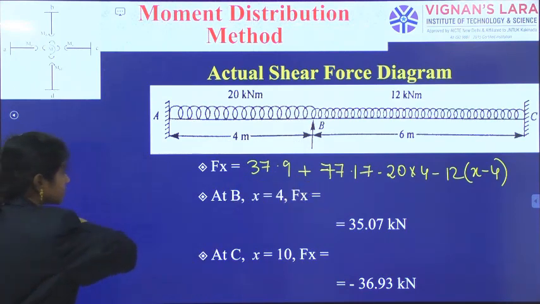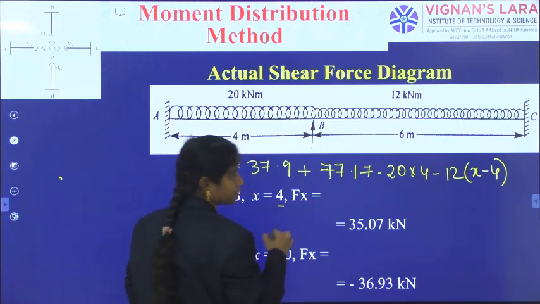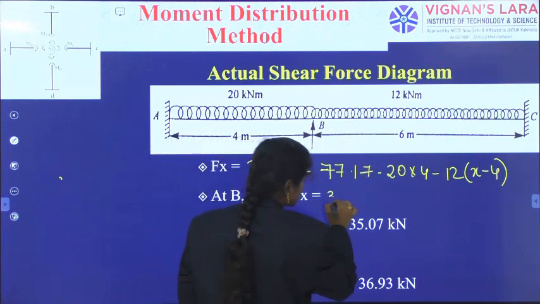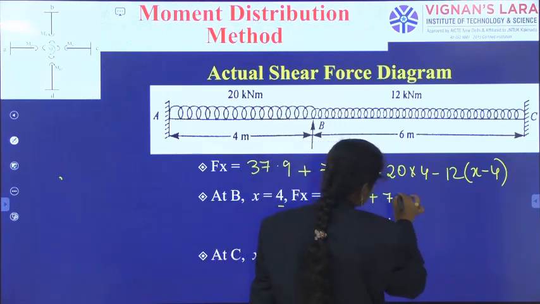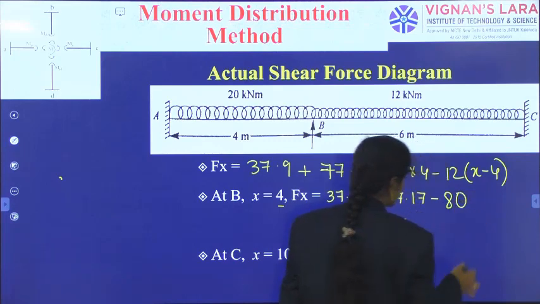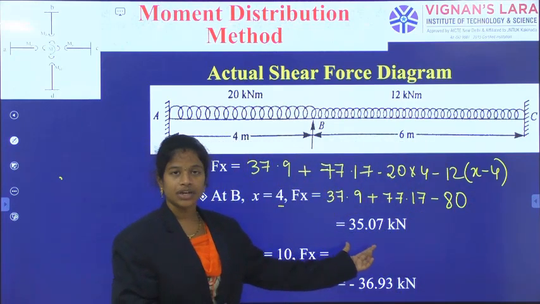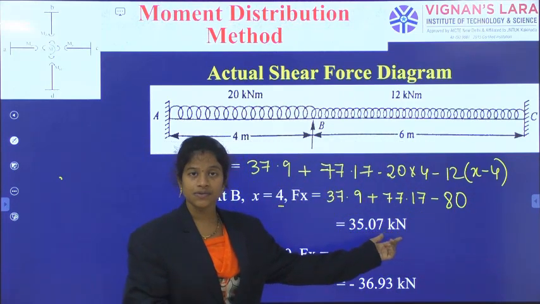Now substituting x is equal to 4, the last term will be removed. 37.9 plus 77.17 minus 80. So this answer we have got as 35.07 kilonewtons.